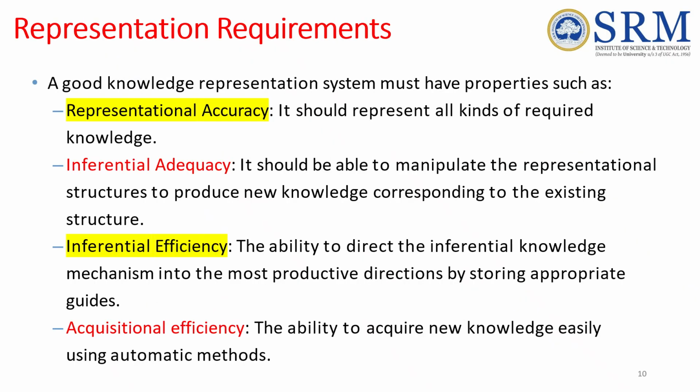Representation requirements. How do we represent the requirements? A good knowledge representation should not only store the knowledge, but also help an AI system reason, learn and solve problems effectively. The first is representational accuracy. The system should be able to represent the required knowledge about the domain correctly and completely.